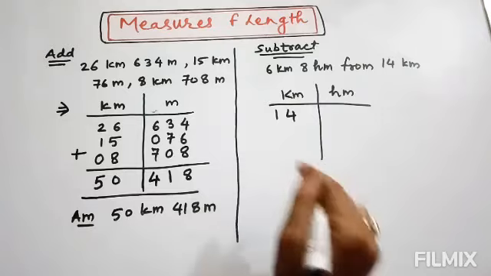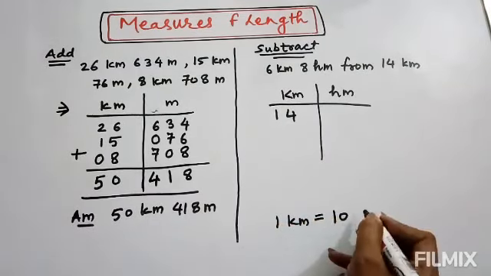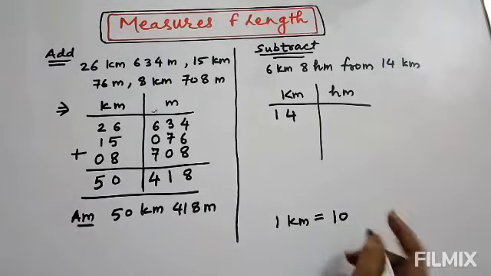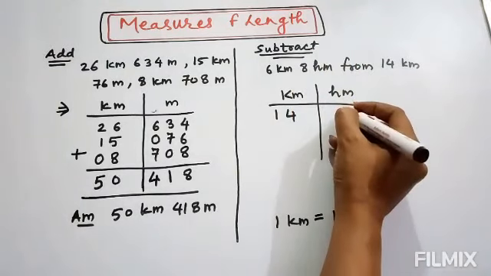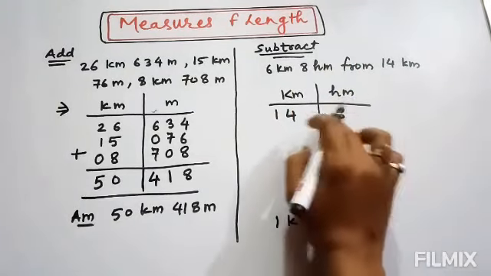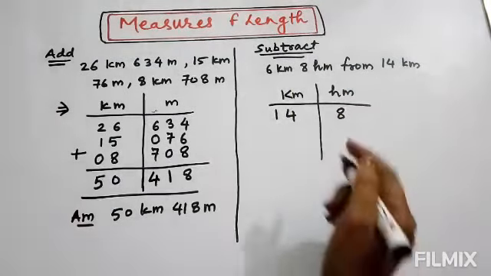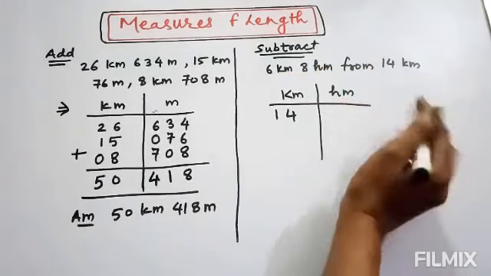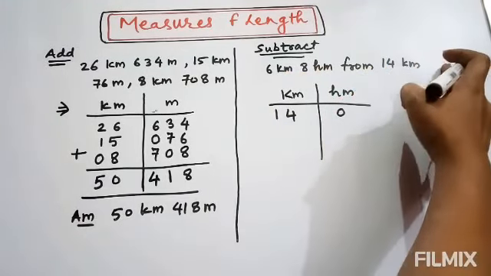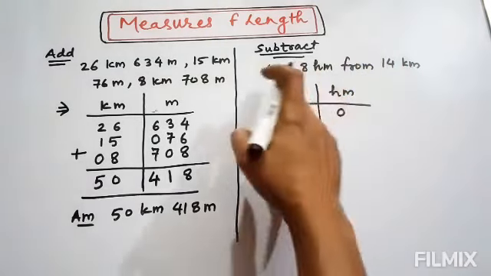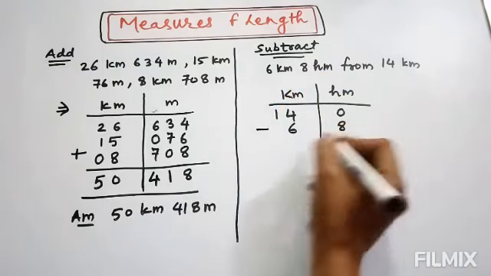Now, 1 kilometer is equal to how many hectometer? It is 10 hectometer. How many 0s? One 0. It means it has only the ones place, so we do not need to put any 0 before that. So here we will write 0 because 14 does not have any hectometer itself. The other number we have is 6 kilometer and 8 hectometer.